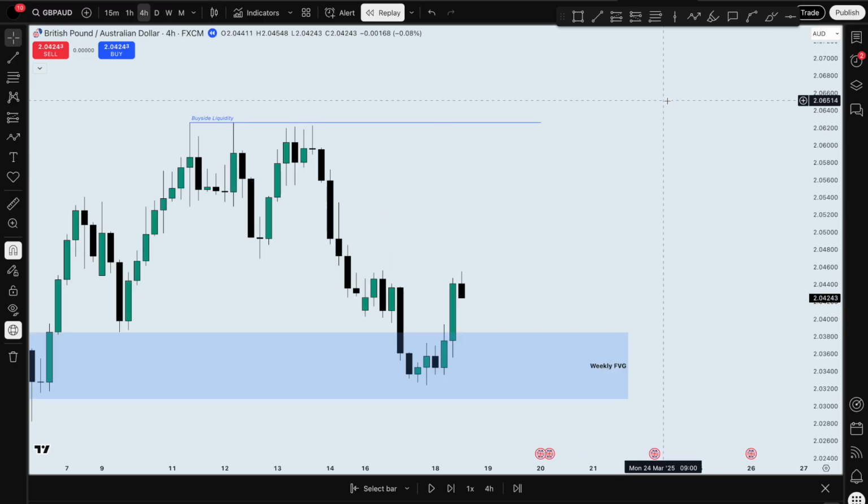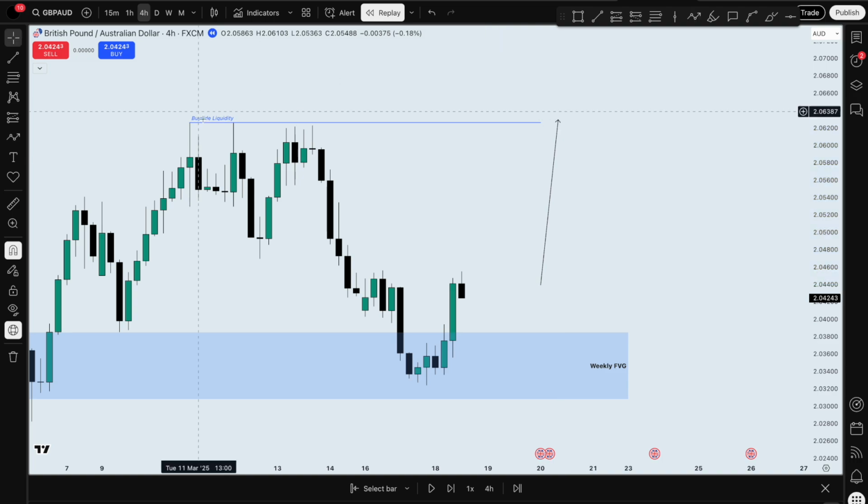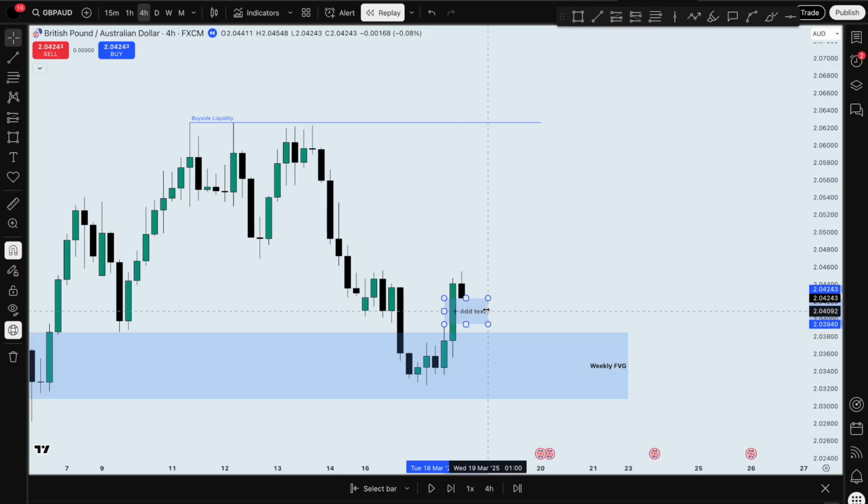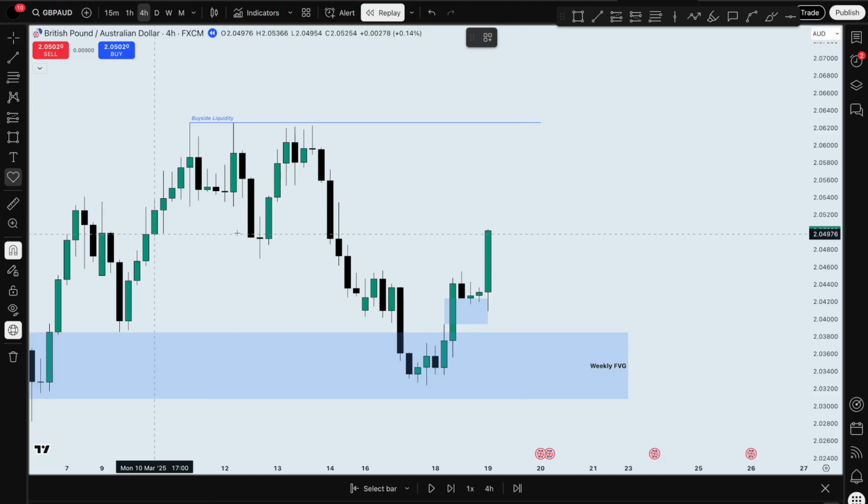We are now on GBP AUD, and I'm going to show you a last example of a high probability order block. So price retested a weekly fair value gap, and we have equal highs up there, so we want to see price go up and take this liquidity. So we have a 4-hour fair value gap here, price went down into it, then broke structure to the upside right there.